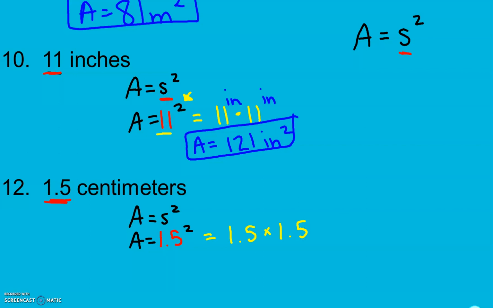Okay, 15 times 15 is 225. But here I have 2 decimal places, so in my answer I need 2 decimal places. So I get 2.25. My label here is centimeters times centimeters, so centimeters squared. And that is all I have for section 1.2.